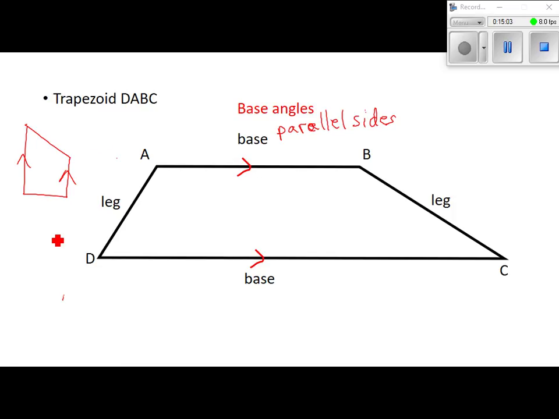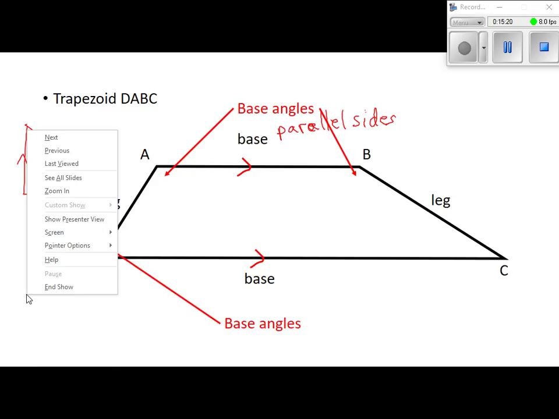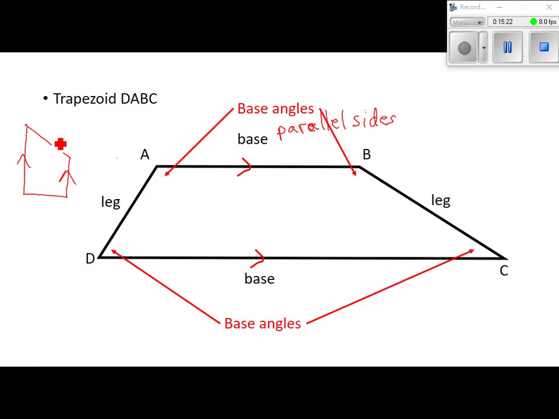Base angles. The base angles are the angles that surround each base. So these two are a pair of base angles. Guess what D and C are? Another pair of base angles. So the base angles surround a base.